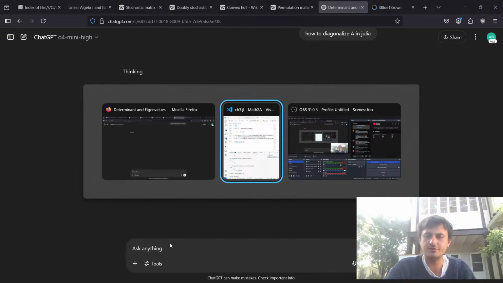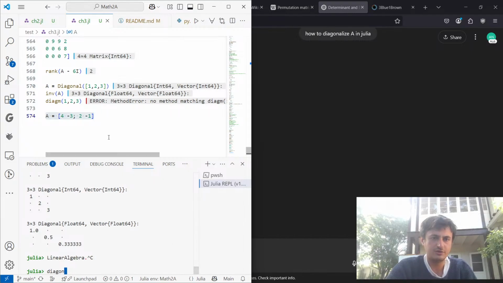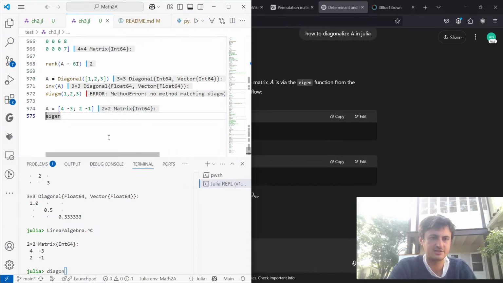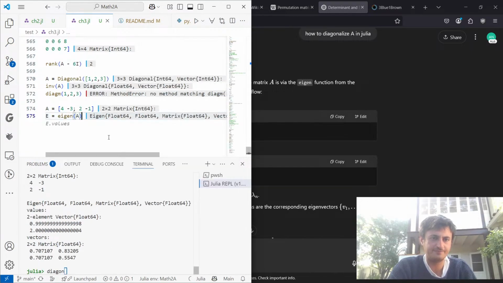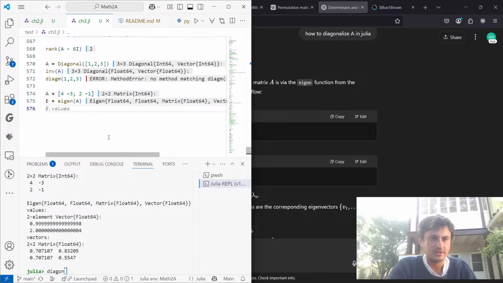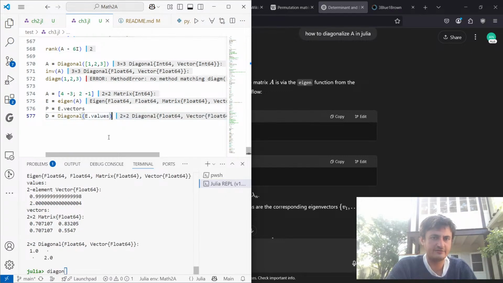Because I'm pretty sure what you can do is, if we have this, let's say E is equal to eigen of A. Then we can do P equals E dot vectors and D equals diagonal of E dot values.